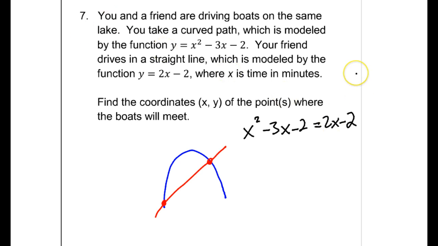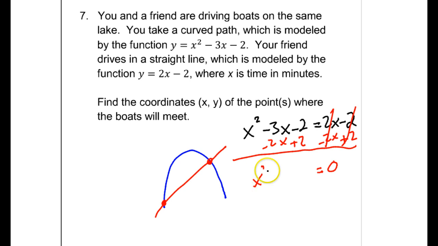And in this sense it's going to look much like number 2. Add 2 to both sides, subtract 2x on both sides, so I get it equal to 0, and we'll have x squared minus 5x, that also equals 0.